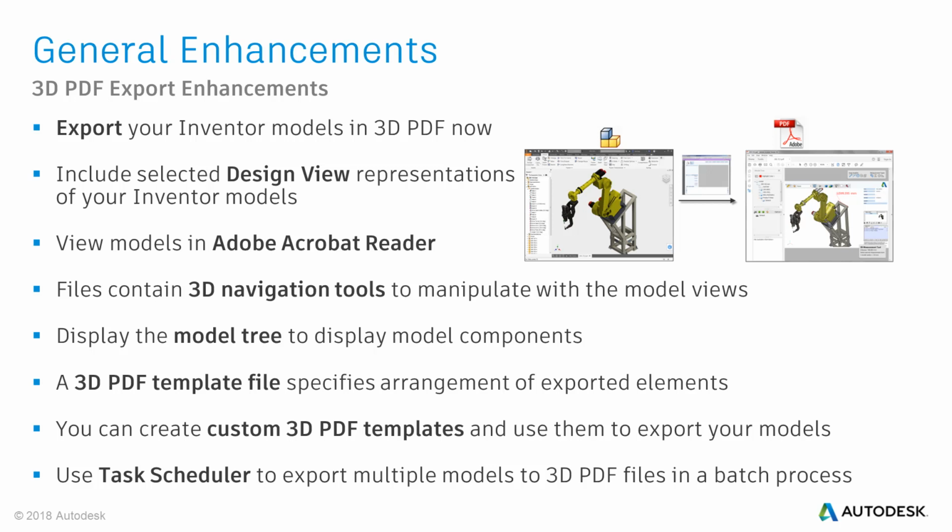You can use 3D navigation tools to navigate through the model views. The model tree displays model components and data included in the 3D PDF file. Additionally, you can create custom 3D PDF templates and use them to export your models. Last but not least, use the task scheduler to export multiple models to 3D PDF files in a batch process.